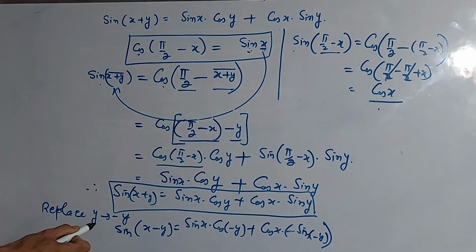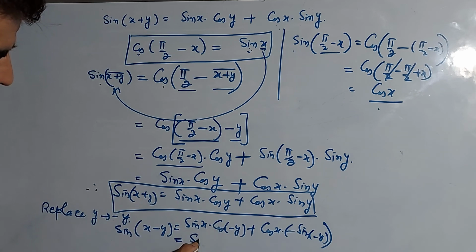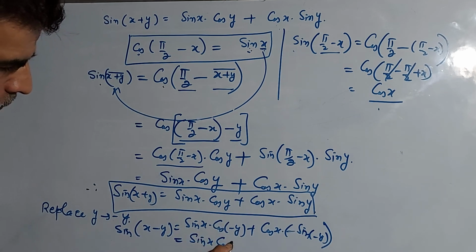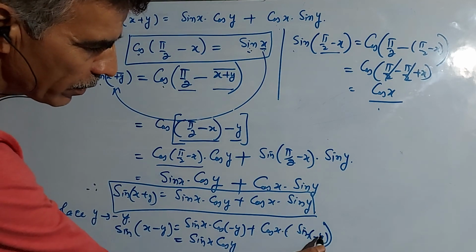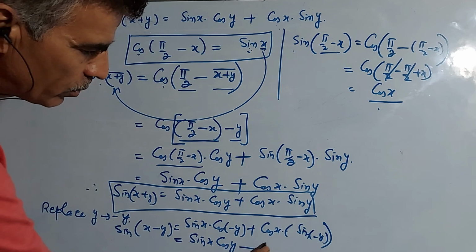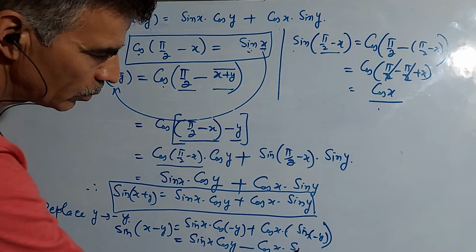We are replacing y by minus y, so cos of minus y is cos y, and sine of minus y is minus sine y, so it becomes minus cos x into sine y.